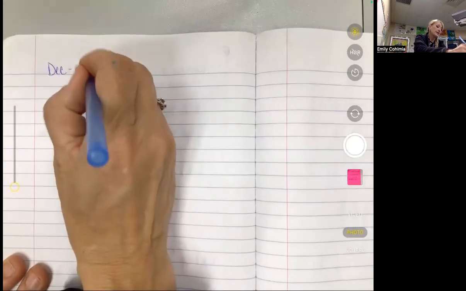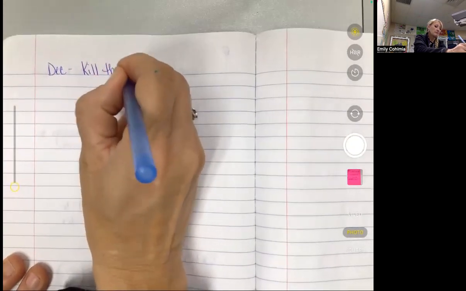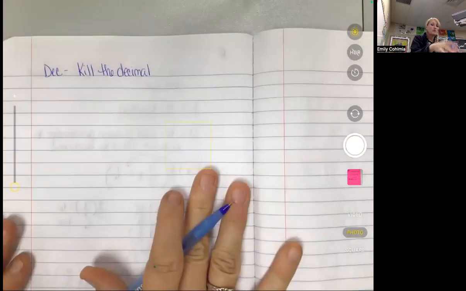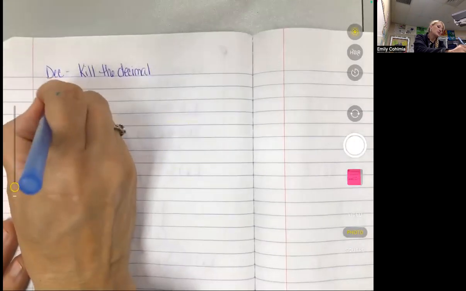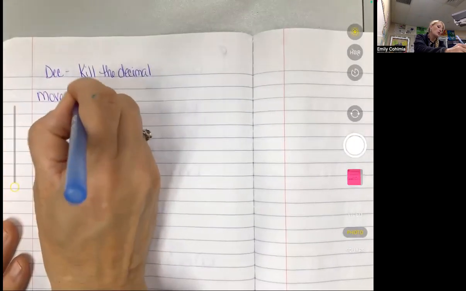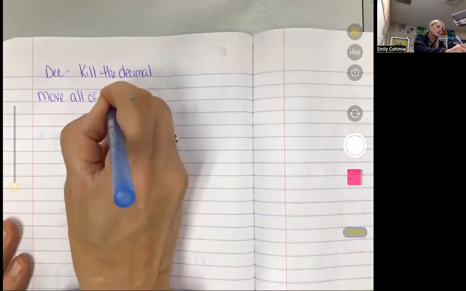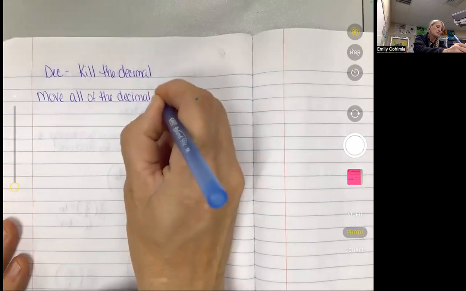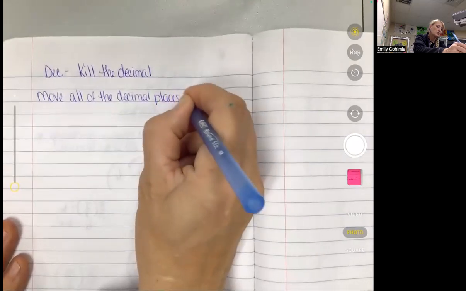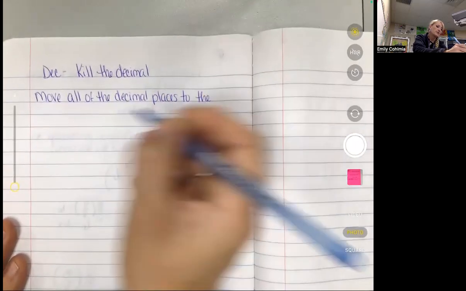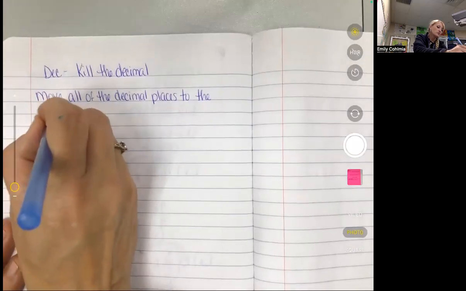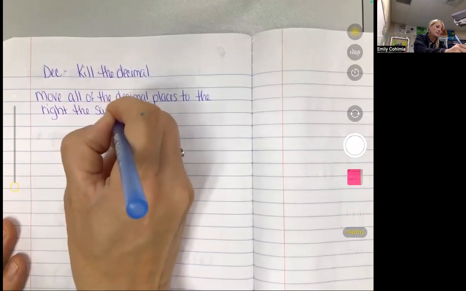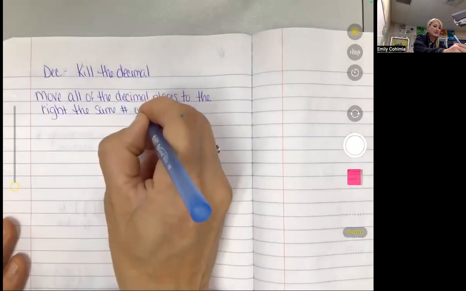We can also kill the decimal. The way that we kill the decimal is we are going to move all of the decimal places to the left, I'm sorry, to the right, the same number of places.